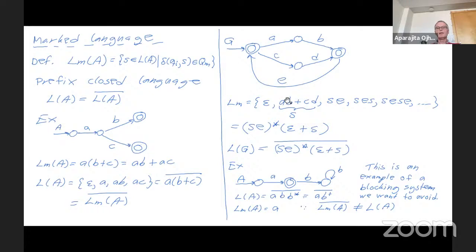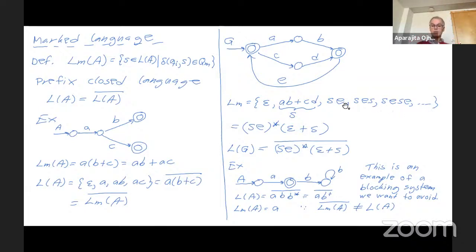Now, this expression S, bringing you from the initial to that marked state, can be followed by an E, and then you are back in the initial state. So then you have SE, and then you can take another S expression again, and another E, and continue like that.